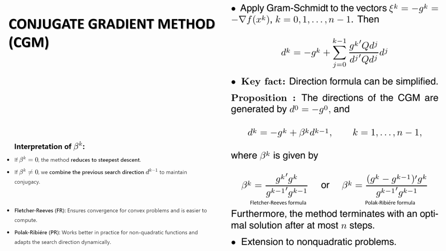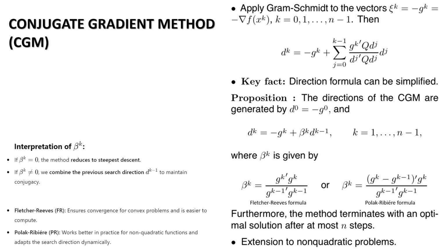Let's consider here how, in conjugate gradient methods, the search directions are generated using the Gram-Schmidt process. The method is used for solving quadratic optimization problems efficiently, particularly when dealing with large-scale symmetric positive definite systems.